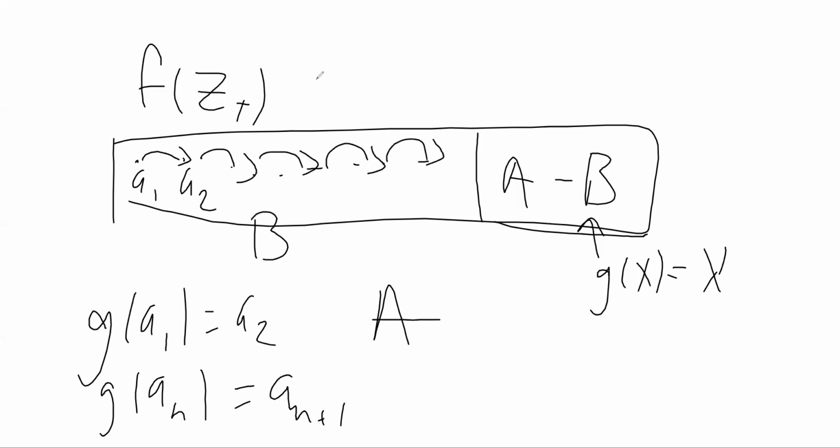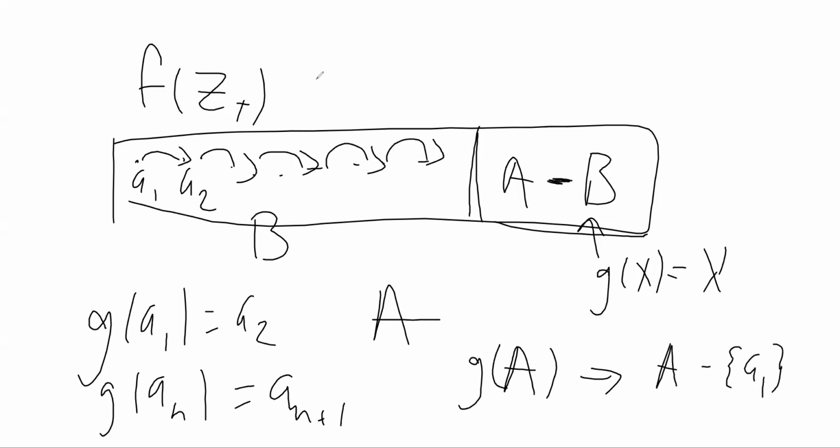So basically what happens is that we defined a function G, which is an injective function. And we just found a way to take A and send it with the function G to the set A minus A1. Why? Because all elements here stayed in their places, and all elements here were shifted by 1, right?